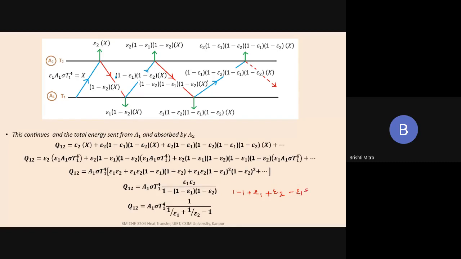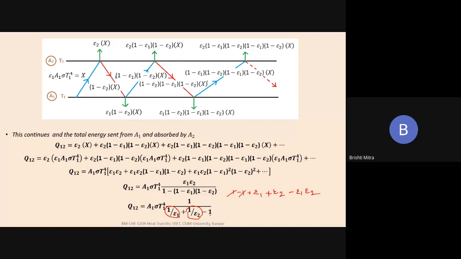Now divide this whole thing by epsilon 1 epsilon 2. So these two will get cancelled out, plus 1 minus 1. If I divide epsilon 1 by epsilon 1 epsilon 2, I get 1 by epsilon 2. If I divide epsilon 2 by this term, I get 1 by epsilon 1. And if I divide minus epsilon 1 epsilon 2 by epsilon 1 epsilon 2, I get minus 1.